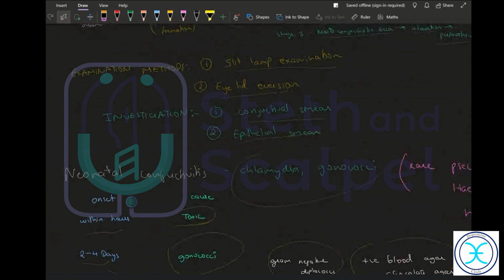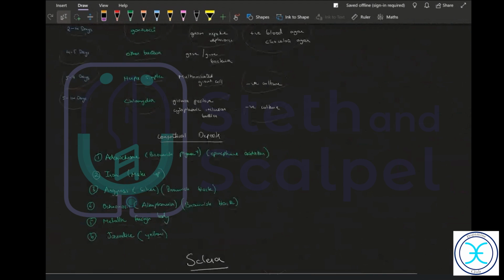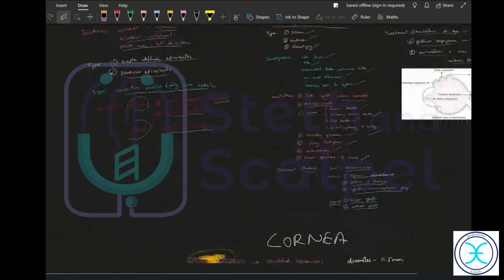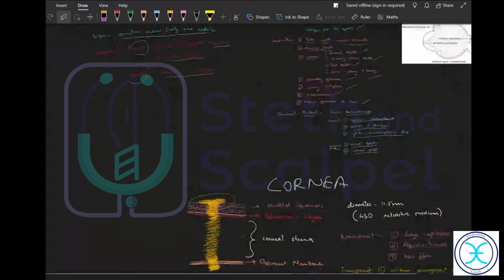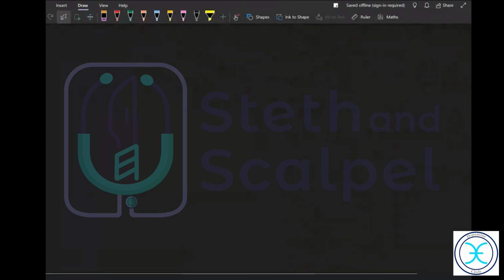It is very important with respect to the eye because it is at the midpoint of the internal and external eye. So any problem here can spread into something like optic neuritis or some very big problem, or it might come from outside the eye to inside. So it is the midpoint, and there are a lot of conditions which cause uveitis.